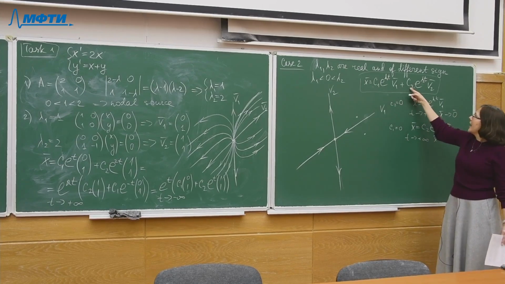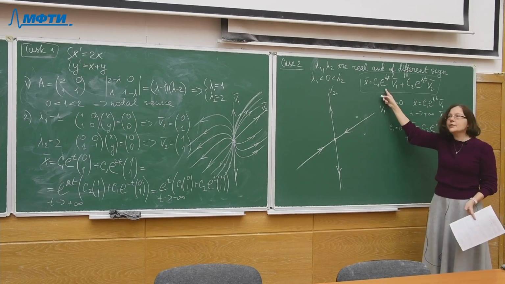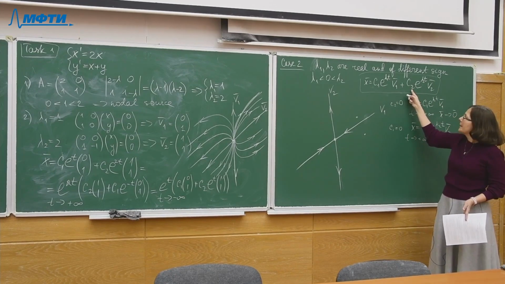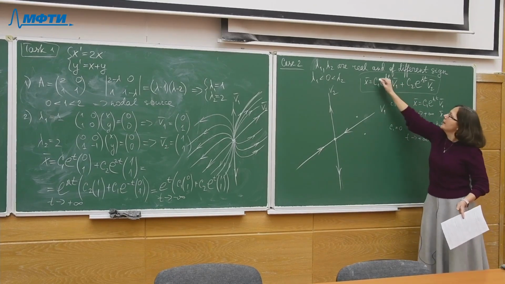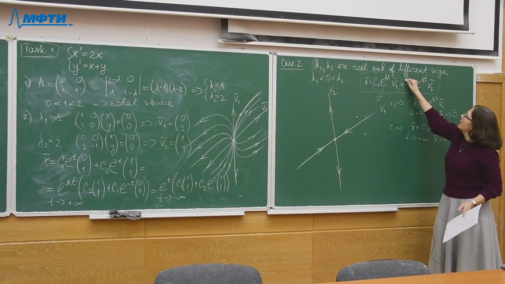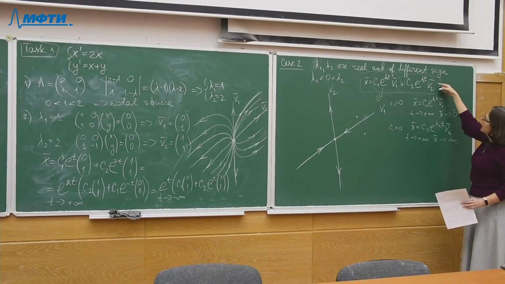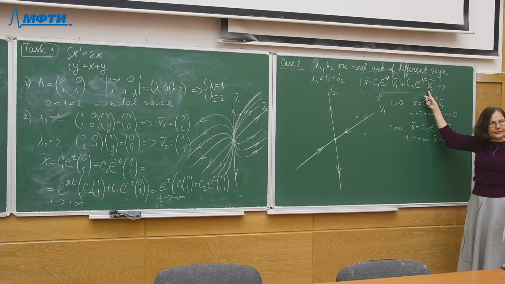If c1 is not 0 and c2 is not 0, then as t approaches positive infinity, this term will approach 0, and x will approach the line through V2 asymptotically, right?